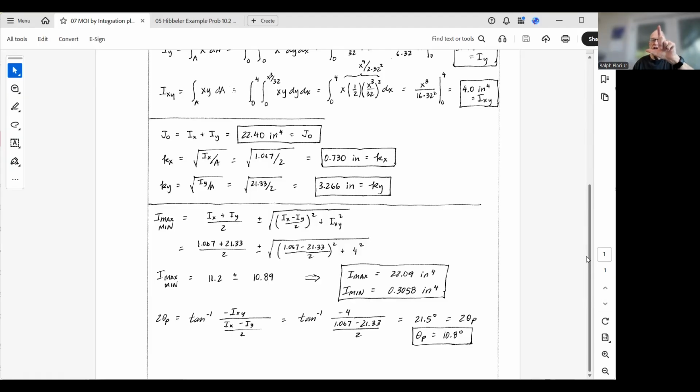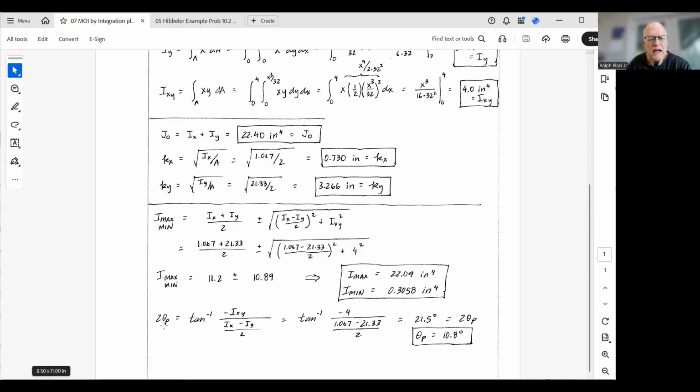We're interested in what the orientation of those is. And so we have a formula for theta p. Theta p is an angle to a principal moment of inertia. It's measured from the x-axis, and it takes you to the closest principal. And by principal, I mean either the Imax or the Imin.